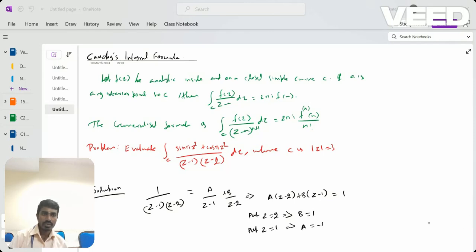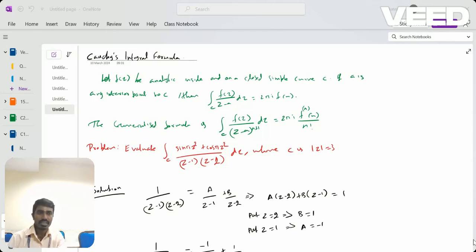Therefore 1 by (z minus 1) into (z minus 2) can be written as minus 1 by (z minus 1) plus 1 by (z minus 2).